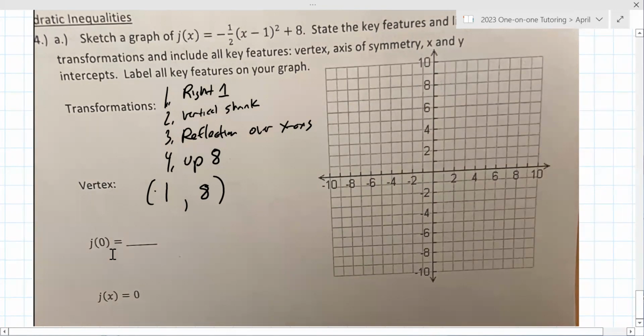Let's go to j of 0. J of 0 means to put 0 in for x. Could you attempt to do that for us, please?